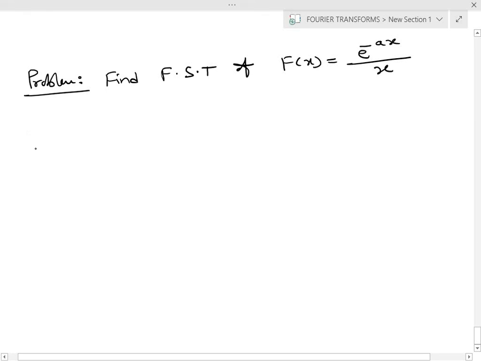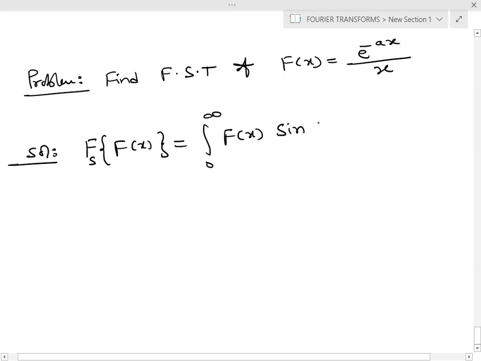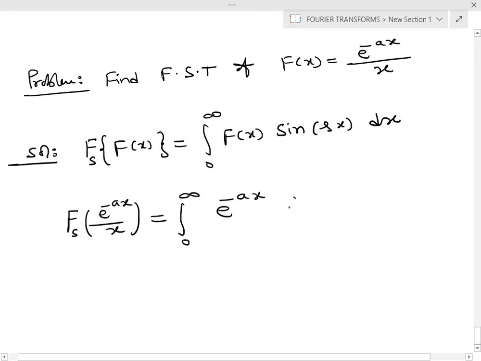The Fourier sine transformation is the integral from 0 to infinity of f of x sine of sx dx. So the Fourier sine transformation of e power minus ax divided by x is equal to the integral from 0 to infinity of e power minus ax sine of sx divided by x dx.